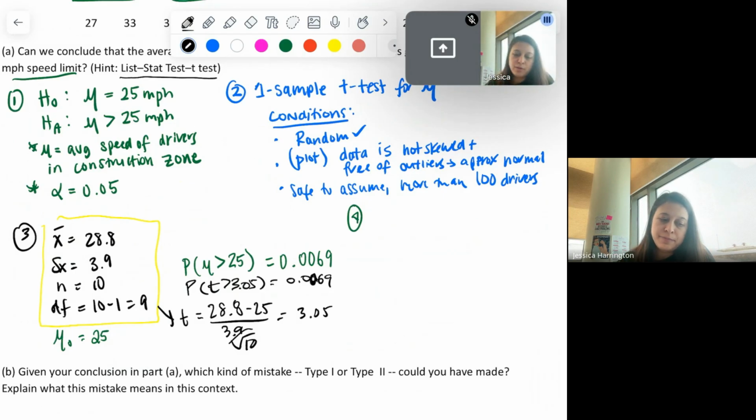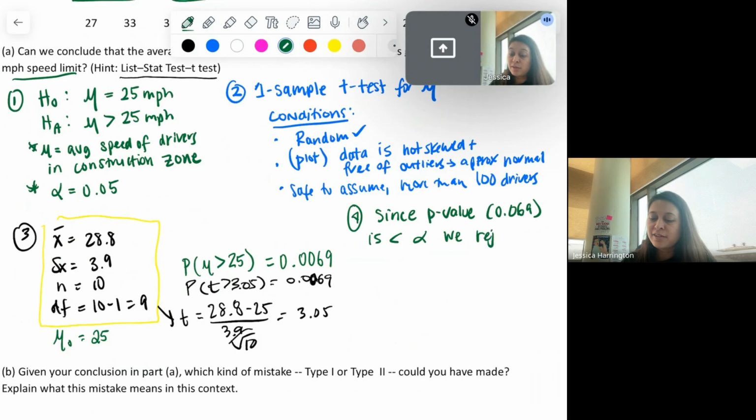So let's say since our p-value of 0.069 is less than alpha, now you want to think, are we rejecting or not rejecting the null hypothesis, right? We reject H0. We're rejecting the null hypothesis because it's below the threshold that we've said we're going to compare it against.